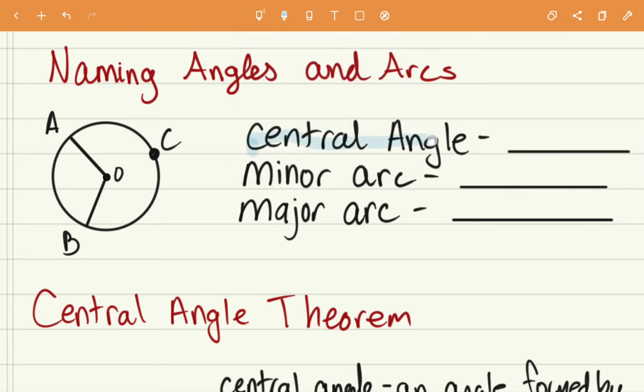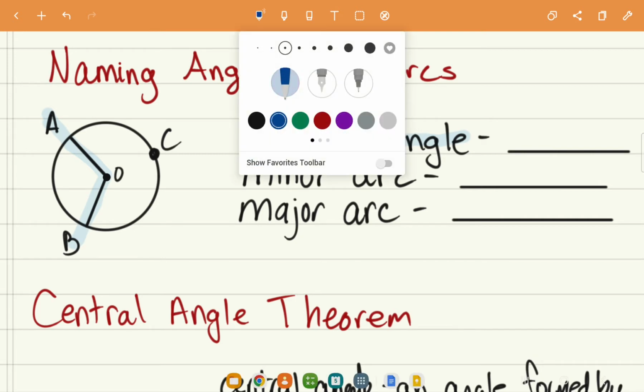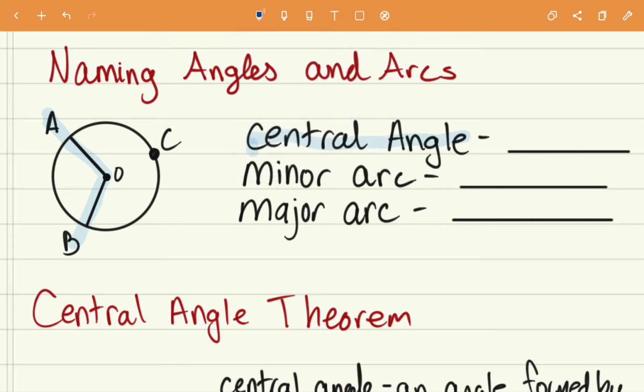So let's look at central angles first. Our central angle is this right here. And really this convention goes for any angles, not just central angles. But we're going to pick one end to start with. Typically starts in alphabetical order, so in this case A, and then follow that angle through all the vertices or all the points.